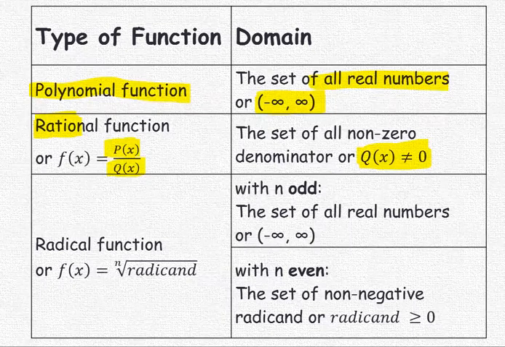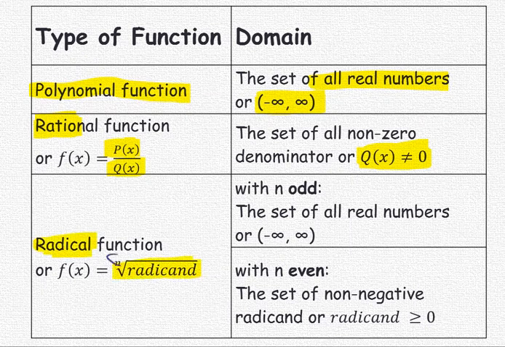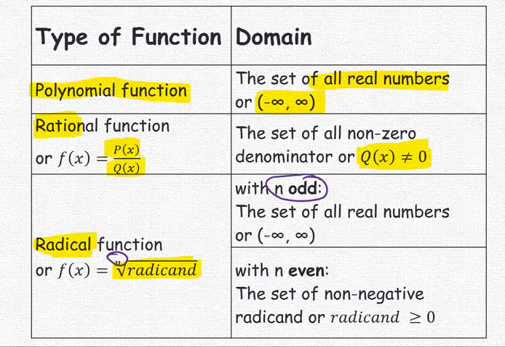Another case, if we have the radical function or the root function, depends on the index of the root or the n root here. So going to be two cases. If n is an odd number, for example, the third root, the fifth root, the seventh root, and so forth. That means whatever the number that raised to the third power, the fifth power, or the seventh power would be the quantity under the radical.